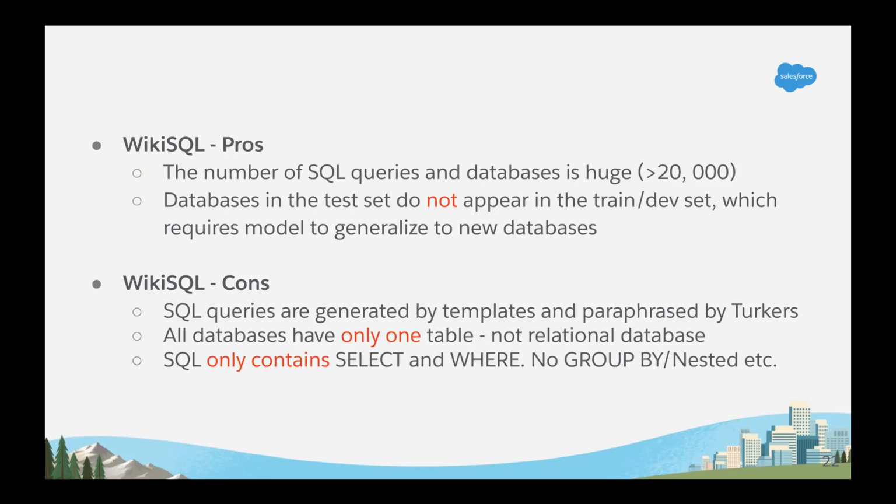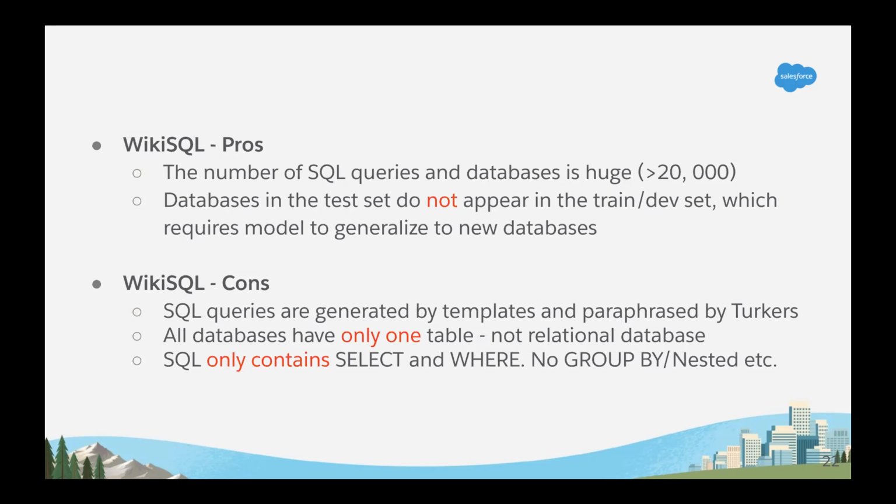The disadvantage here is that when we generate the queries, especially the natural language, we use some templates and then ask humans to paraphrase, to rephrase those queries. So it's not very natural. I mean, it's almost natural, but still not that natural. Second, all the databases we collected are from Wikipedia, and we crawl a table from each Wikipedia article.